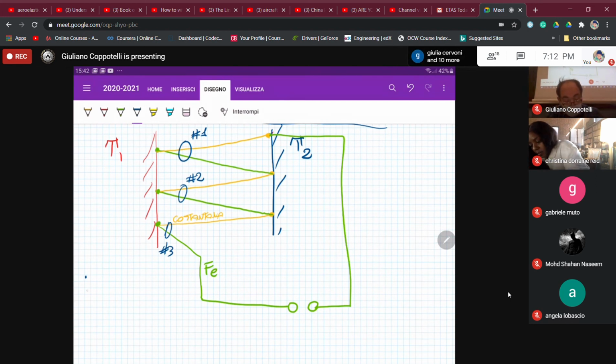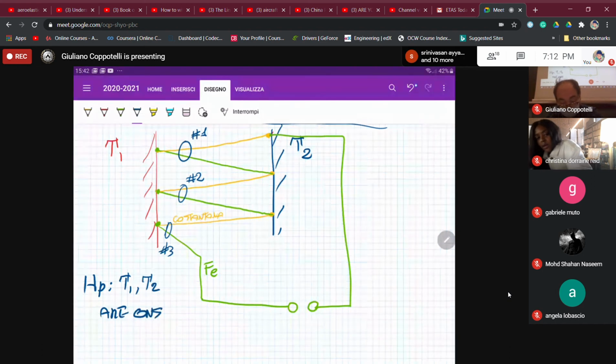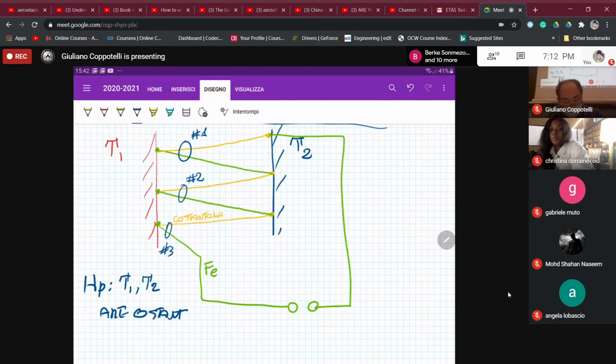Let's assume as a hypothesis that both T1 and T2 are constant, of course, in space. That is, the space distribution along the wall has the same temperature.